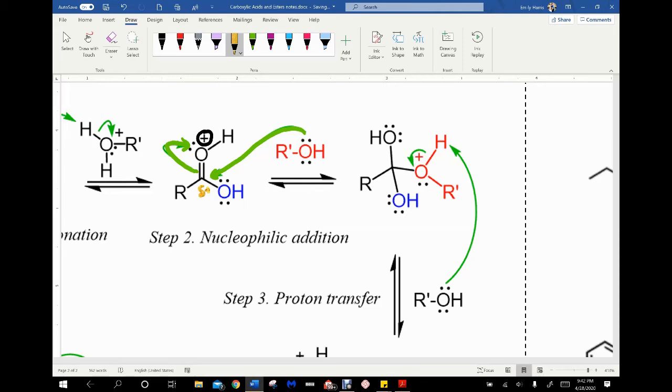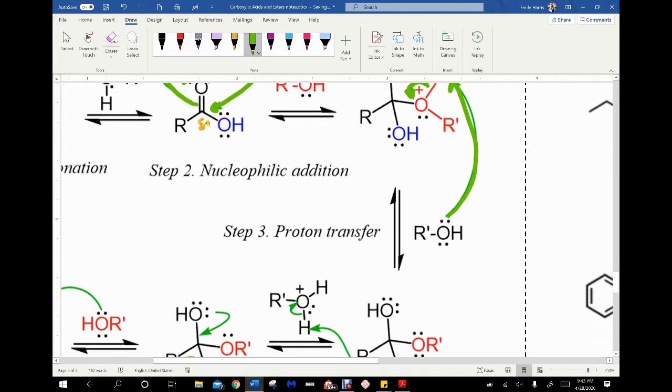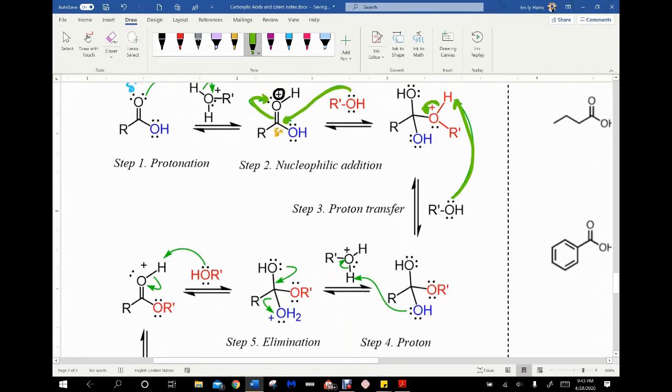And so we're going to repeat what we did earlier, in that we need to remove the hydrogen and give that oxygen some electrons. It's not an exact repeat, but it follows the same theme. So the hydrogen is going to be taken by another one of the alcohol molecules floating around. It will donate its electrons to the oxygen to satisfy that positive charge. And then, here we are.